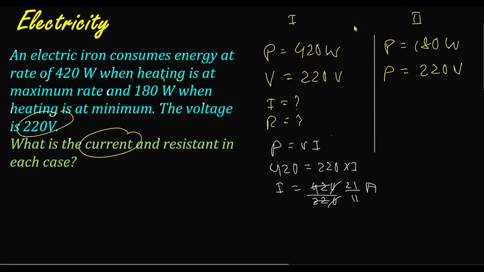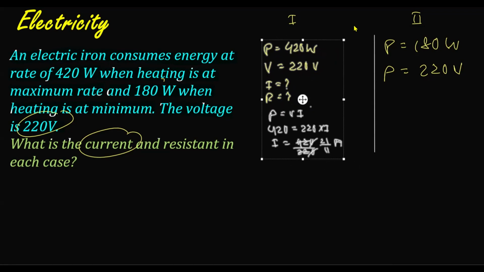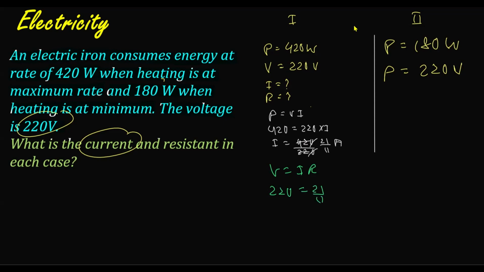Now, once we have got the current, then we can apply the relation derived from Ohm's law, that is V is equal to IR. As you can see, we have to get R. So replacing V with 220 and I with 21 over 11, transposing, we get 220 into 11 divided by 21.